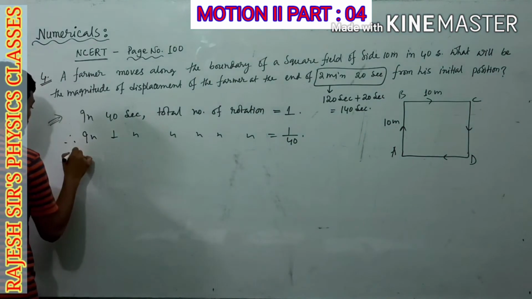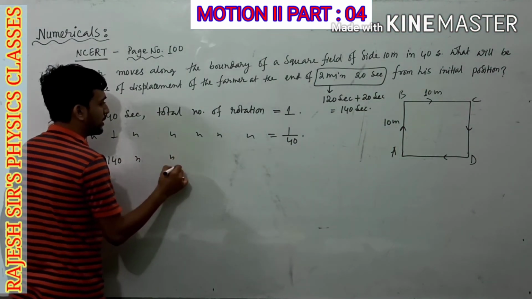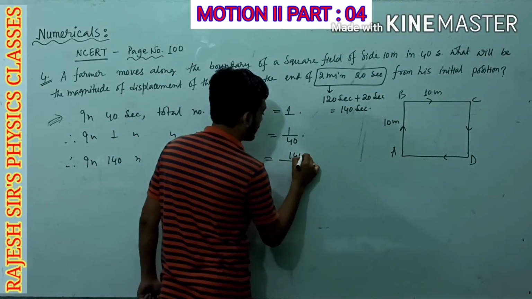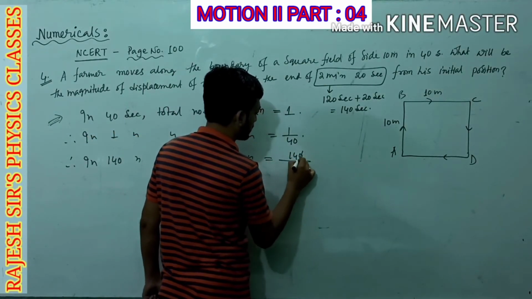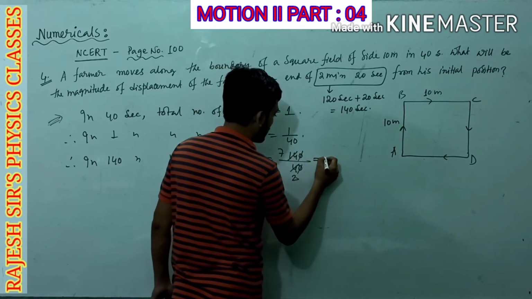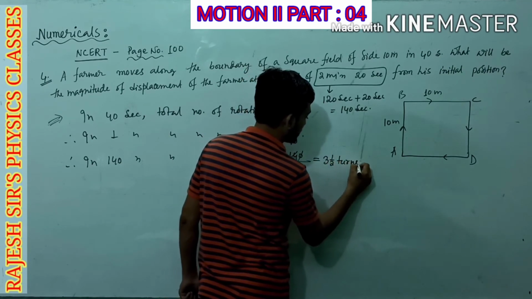So in 140 seconds, total number of rotations will be 140 by 40, 0 gone, 2 here 7, so it will be 3.5 turns.